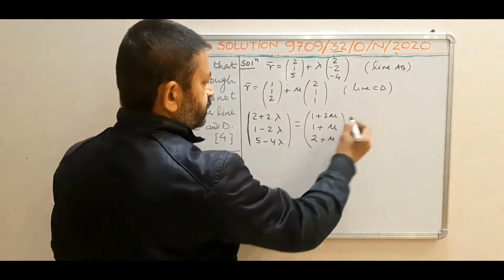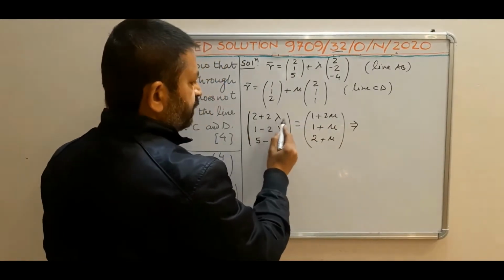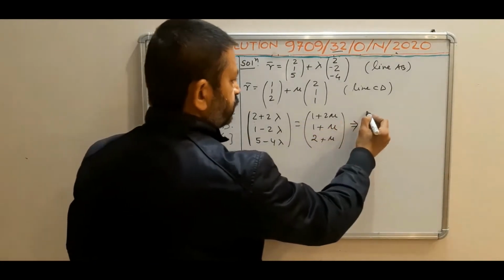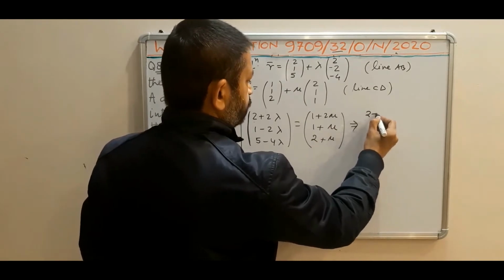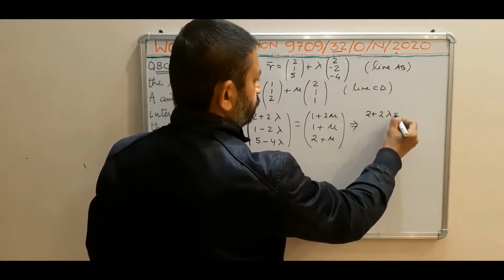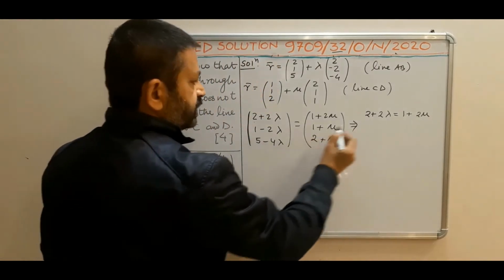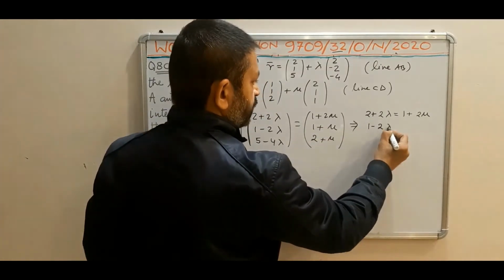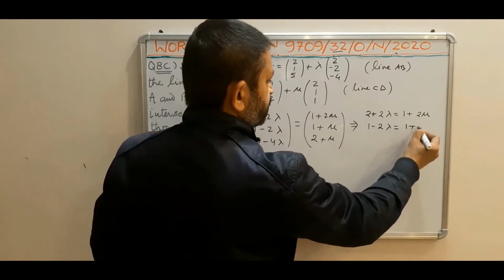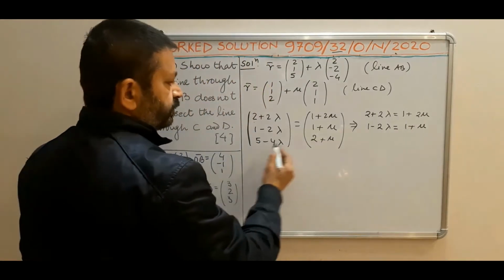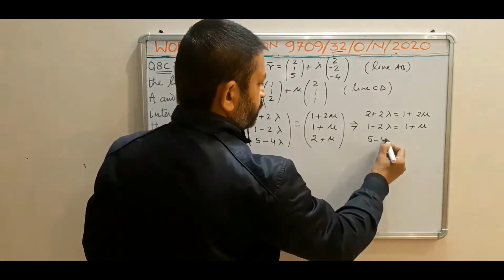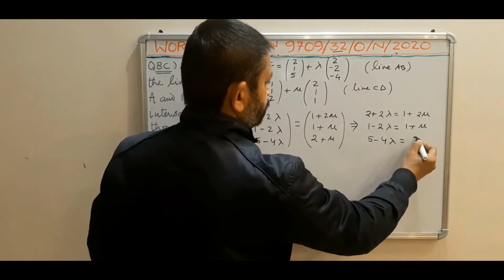It results as: 2 plus 2 lambda is equal to 1 plus 2 mu. Second, 1 minus 2 lambda is equal to 1 plus mu. Third, 5 minus 4 lambda is equal to 2 plus mu.